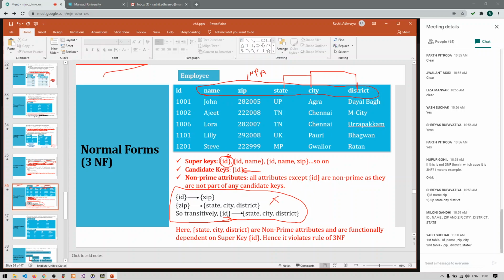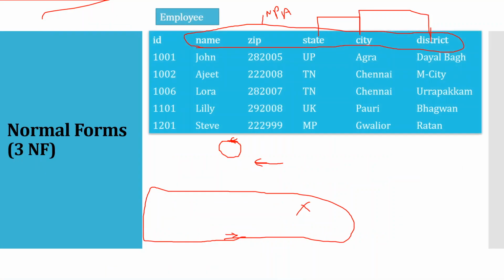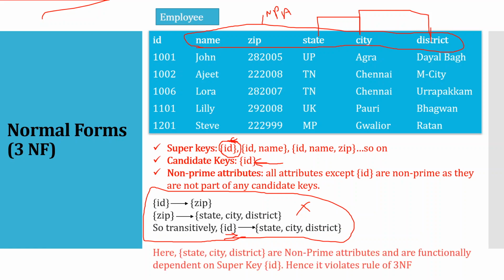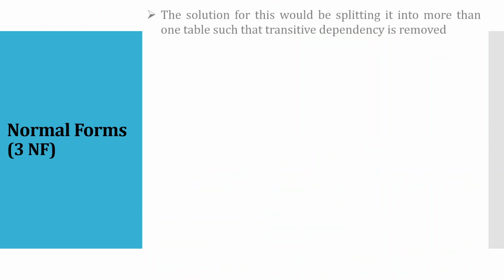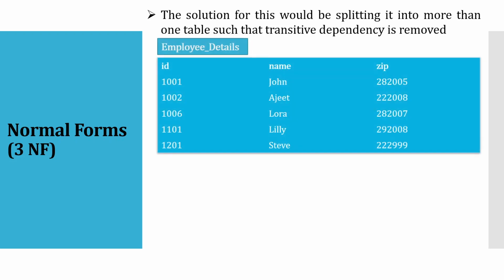Okay, so let's see what the probable solution can be. We have this table. We have the problem that state, city and district are non-prime attributes which are dependent on ID, which is a candidate key as well as a super key. Because of this issue, the table is not in 3NF. So now we need to convert that table into 3NF, and this is how it will be done.